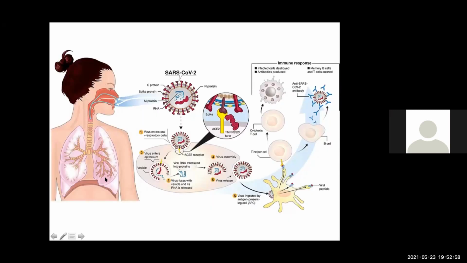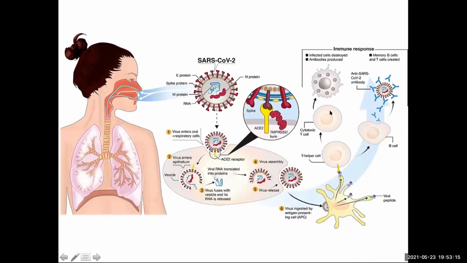The virus enters the cells, and then again it proliferates within the body. And this leads to a complex pathophysiological process which leads to the disease process. At the same time, the immune mechanism of the body will identify this pathogen or the virus and will produce proteins called antibodies.